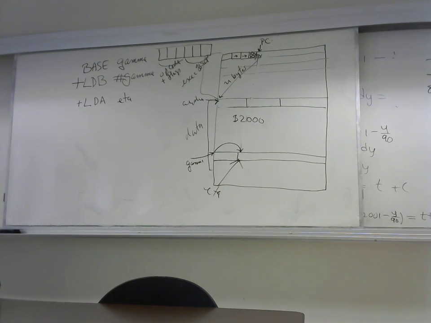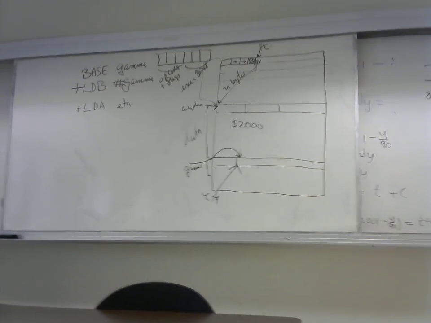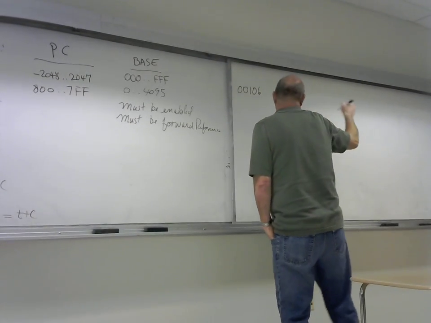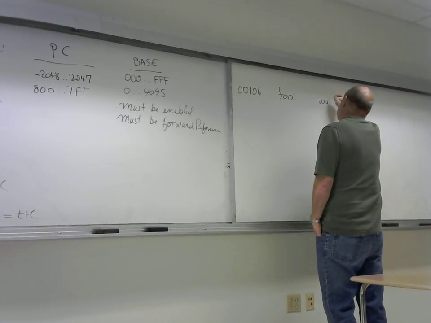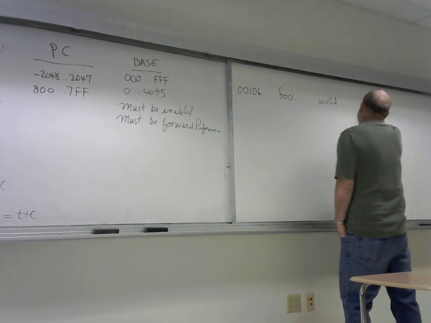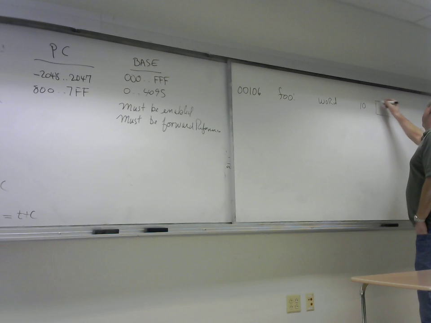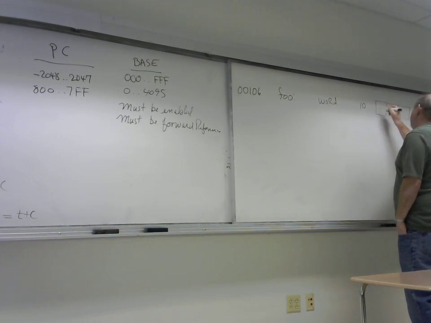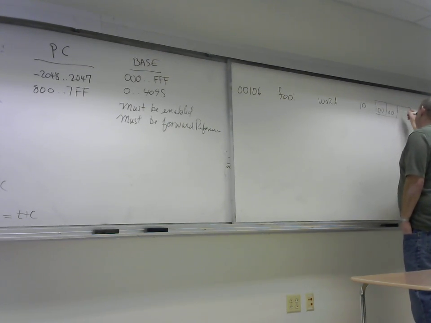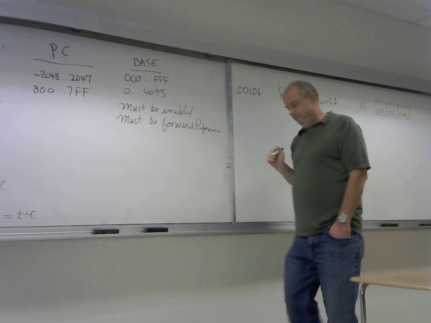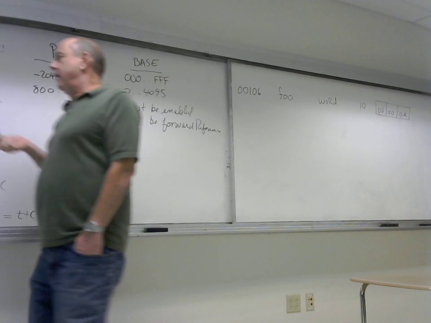Suppose I have, and let me use a different label, foo, and then we reserve memory, now we have 3 bytes. It creates that chunk of memory, right?